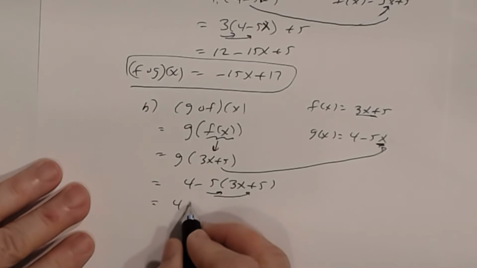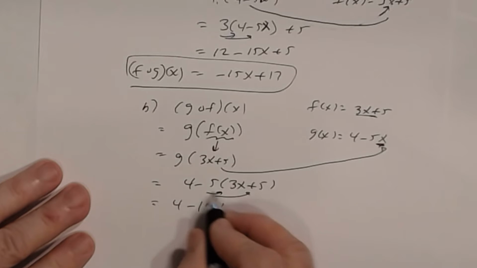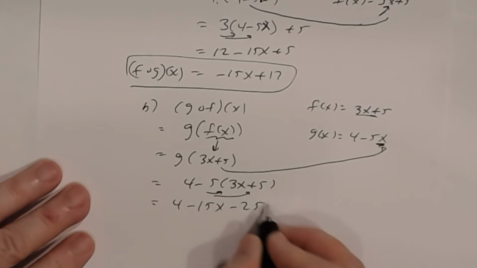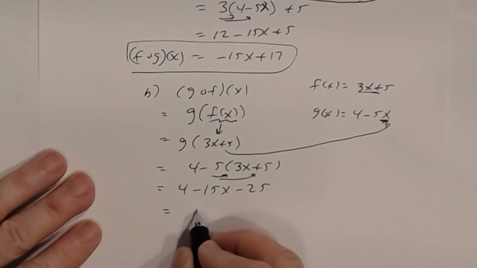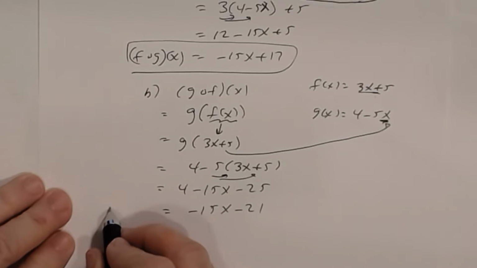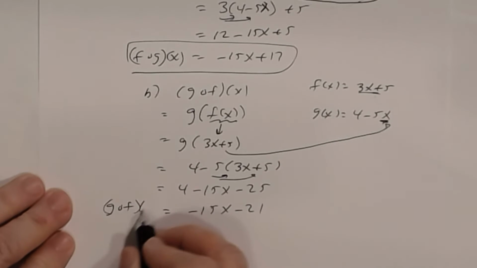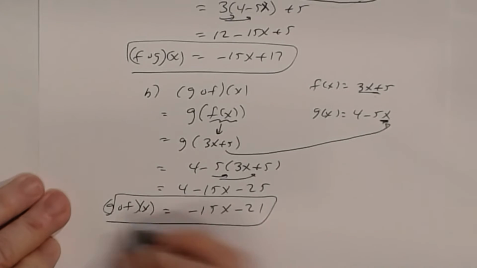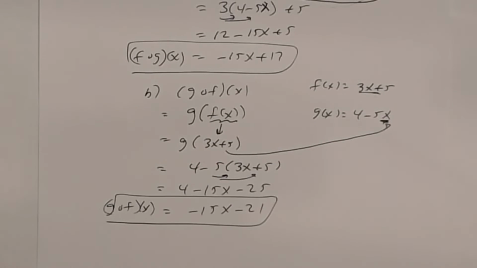So I get 4 minus 15x, and a negative 5 times a positive 5 is a negative 25. Combining like terms, I get negative 15x minus 21. And that is g composed with f at x. That's composition.